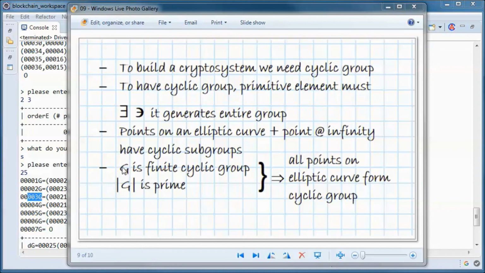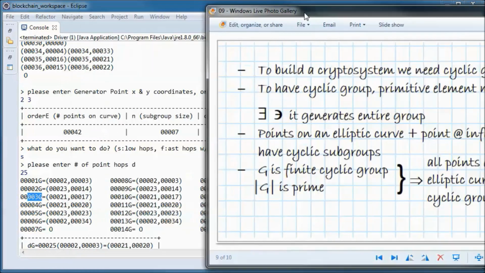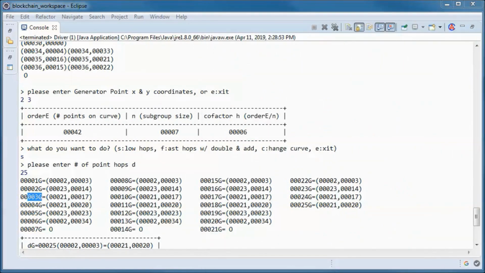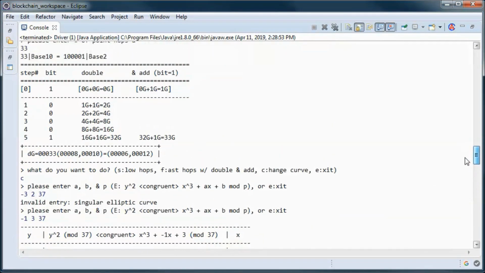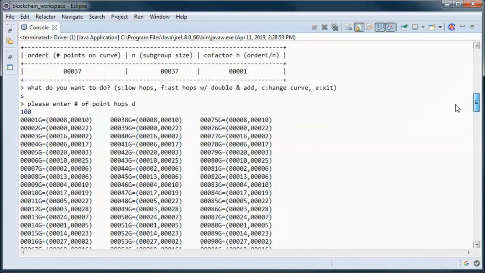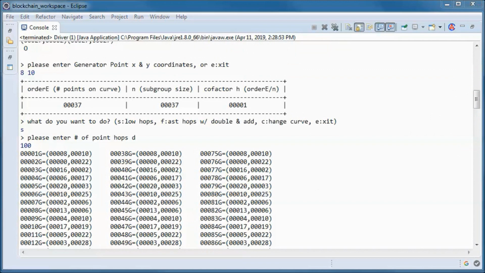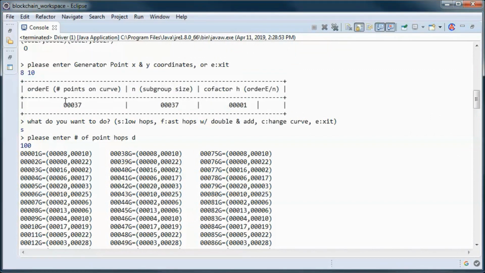And if we have a finite cyclic group with a prime order, then all the points on the elliptic curve form a cyclic group. And this is where it applies. So here all the points form a cyclic group.